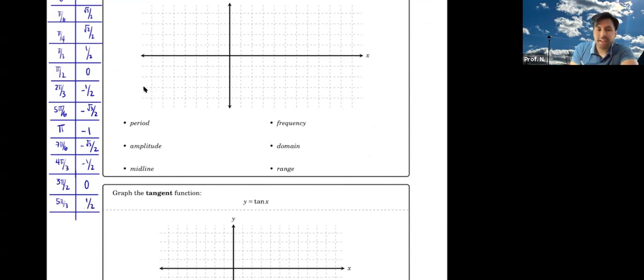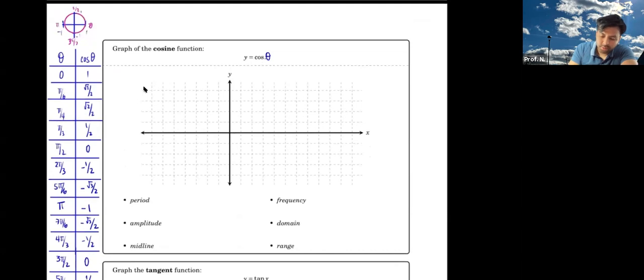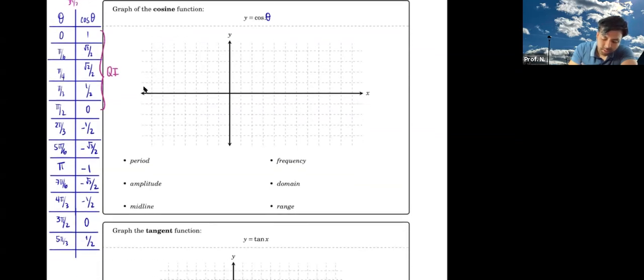But I am in the, so okay, let me just write this down here. So from 0 to pi over 2, I am in quadrant 1. Then from 2 pi over 3 to pi, I'm in quadrant 2. And then from 7 pi over 6 to 3 pi over 2 here, I'm in quadrant 3.